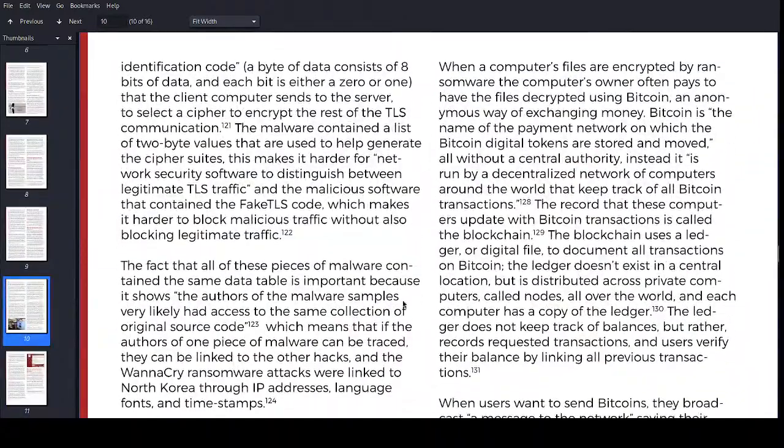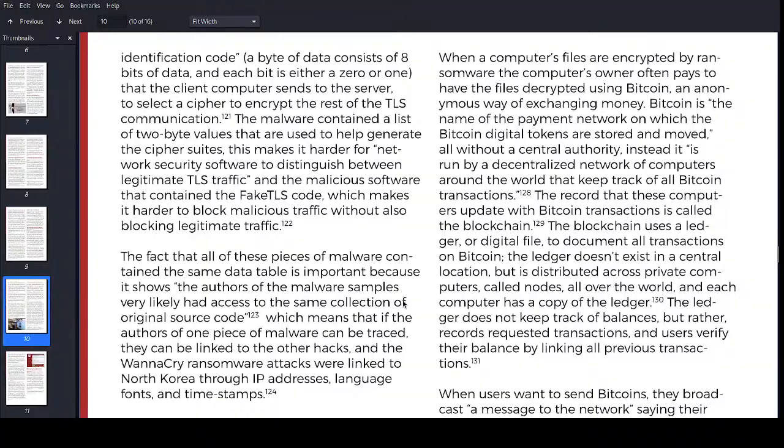When a computer's files are encrypted by ransomware, the computer's owner ought to pay to have their files decrypted using Bitcoin, an anonymous way of exchanging money. Bitcoin is the name of the payment network in which Bitcoin digital tokens are stored and moved, all without a central authority. Instead, it is run by decentralized networks of computers around the world that keep track of all Bitcoin transactions.